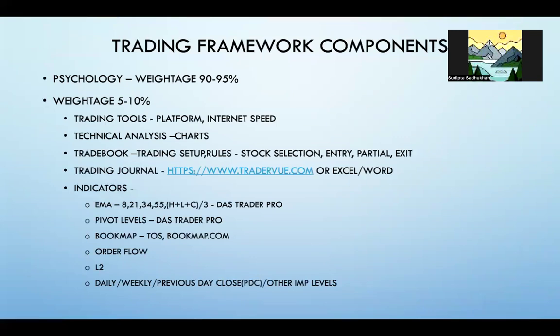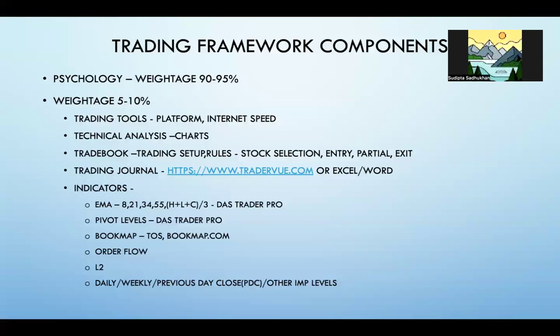So, trading framework components. If we talk about intraday trading, most of the weightage, 90 to 95%, goes to trading psychology. The remaining 5 to 10% weightage goes to other stuff like trading tools, platform, technical analysis, trade book, journaling, indicators.